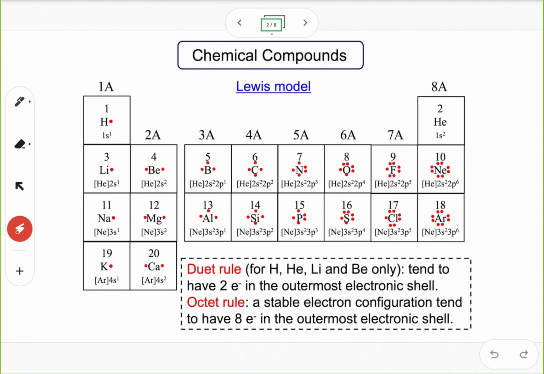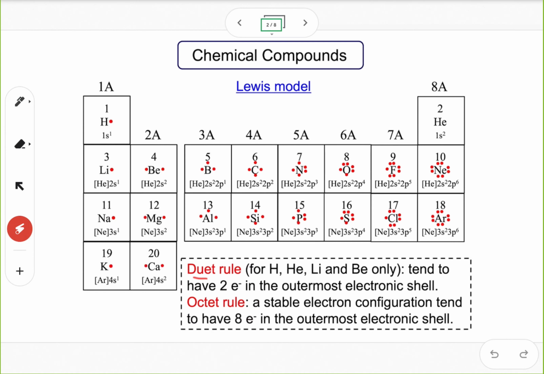Another reason why we want to show you this is that later on, when we learn how we draw Lewis structures of chemical compounds, those dotted structures will help us. How? Well, we will see. Later on in chapter 5 and chapter 6, when we draw Lewis structures, we need to follow some important rules.